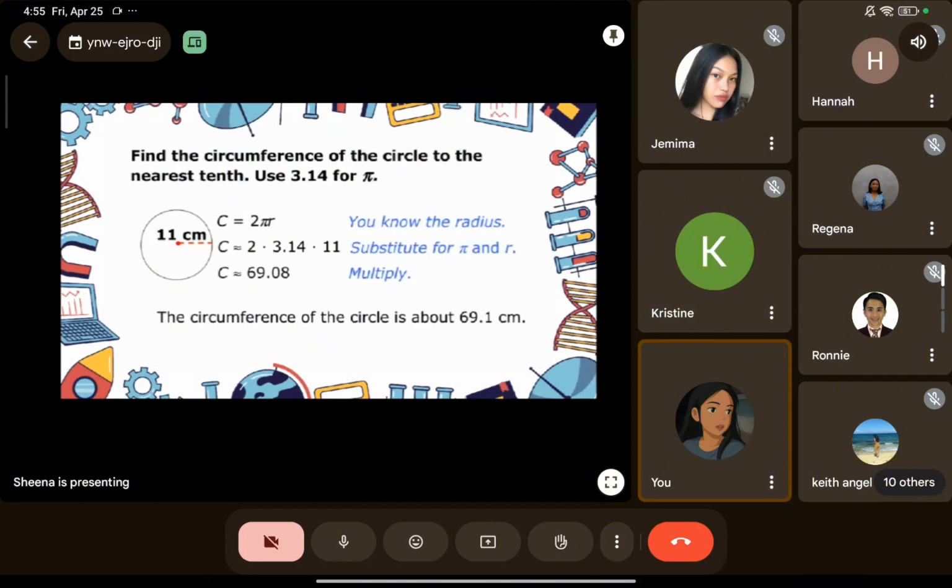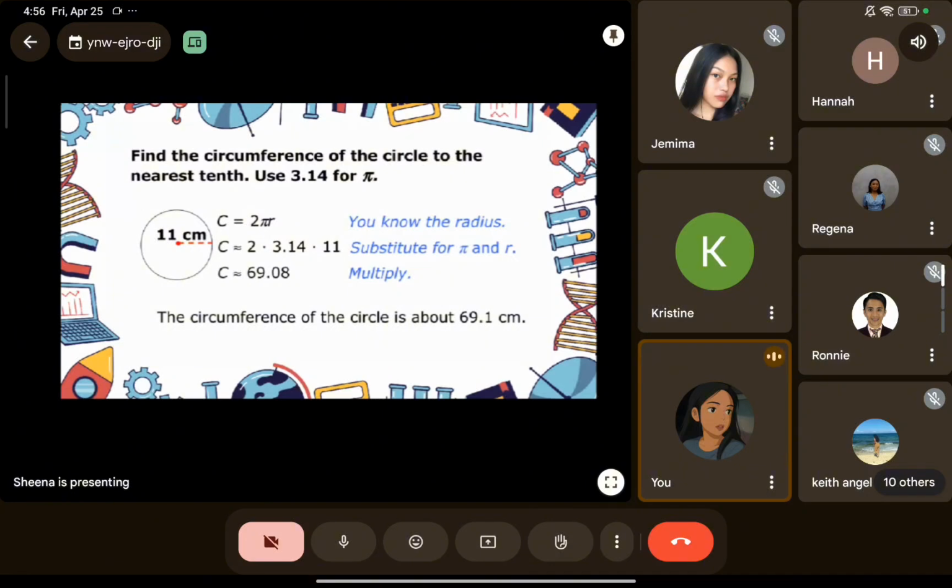Next slide. An example: find the circumference of the circle to the nearest tenth. Use 3.14 for pi. What we are looking for here is the circle with radius 11 cm. The formula we will use is the radius formula, C equals 2 pi r.